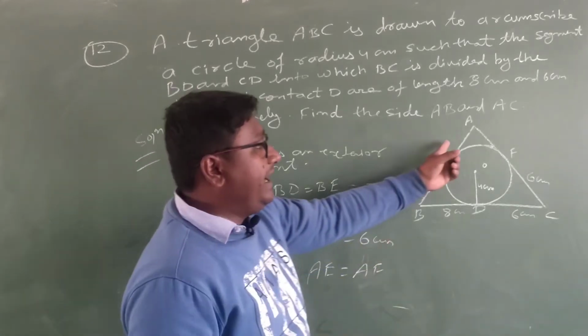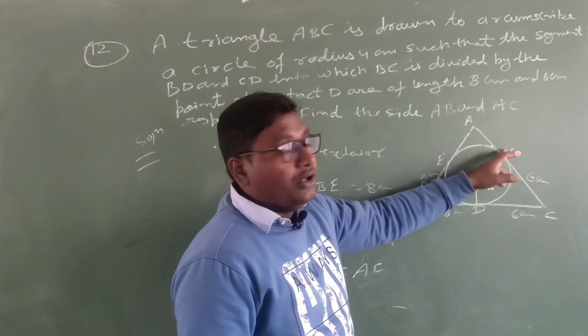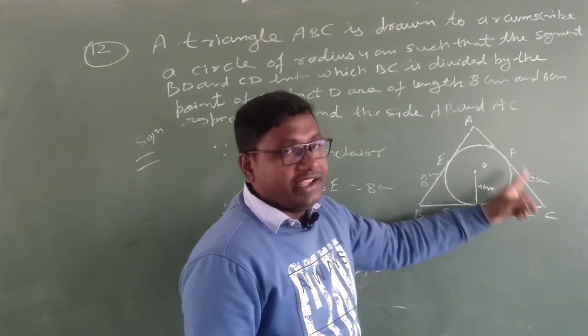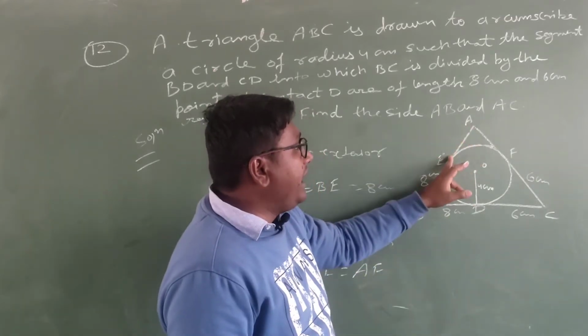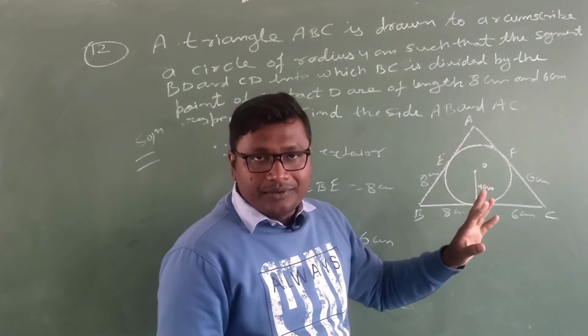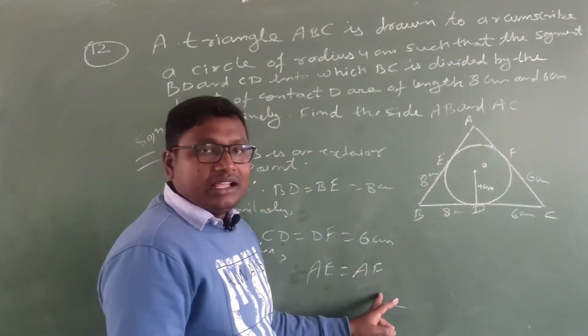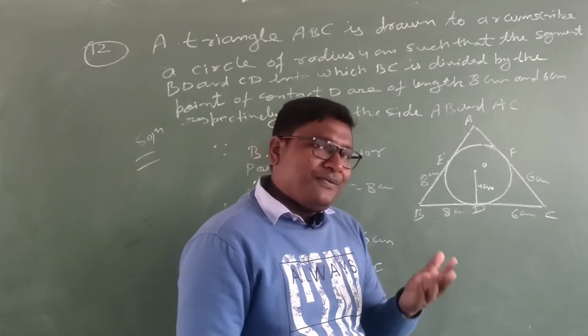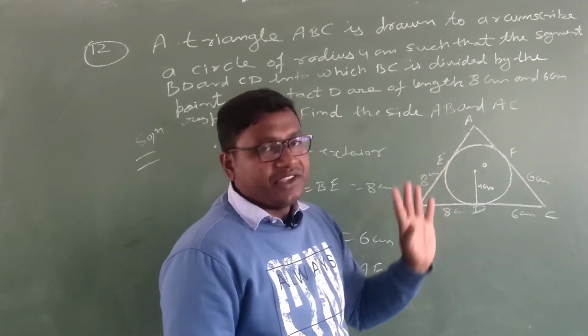Now the lengths of AE and AF are not given. If we find the length of AE and AF, we can easily get the length of AB and AC. You should know one more thing, that the length of AE will be equal to the length of AF, because A is an exterior point. So either you need to get AF or AE, and in both cases you will get AB and AC.